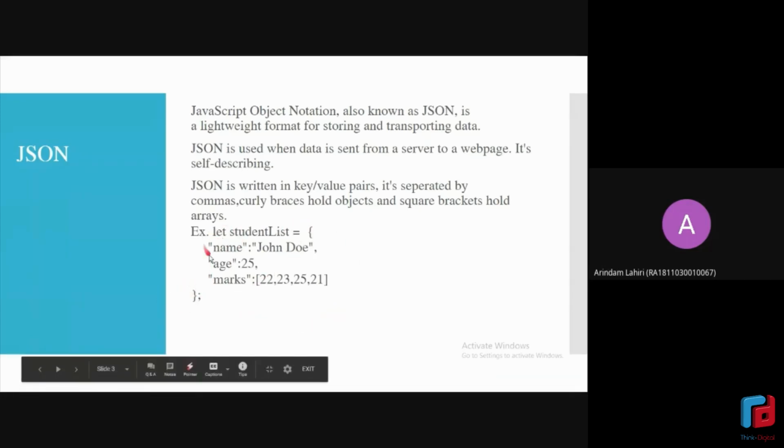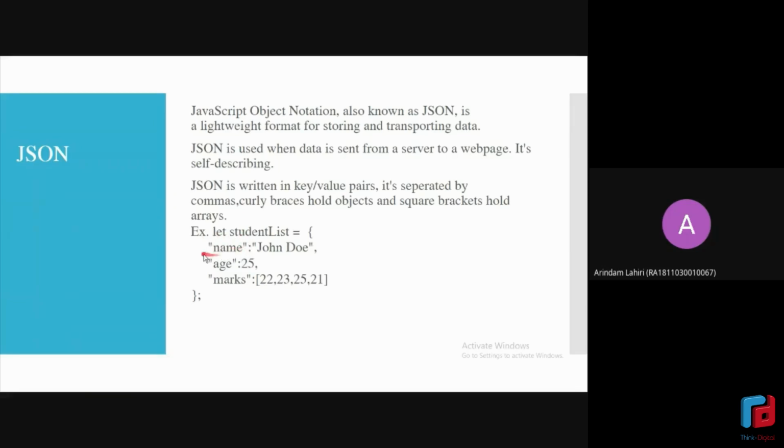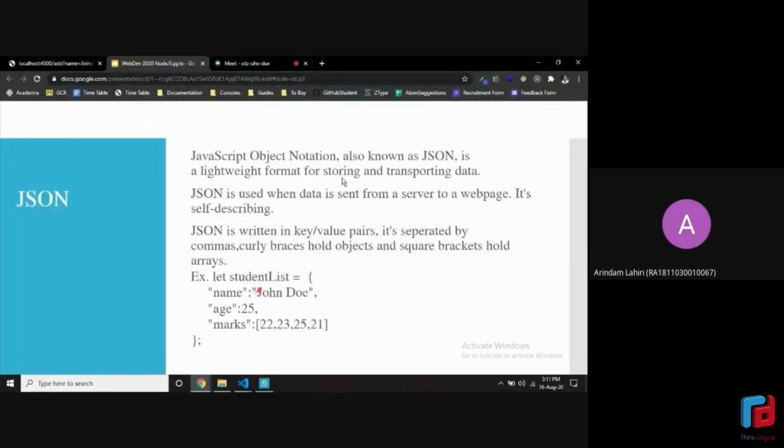And each property, or a key, if you say, is put in quotation marks and then the value it holds. So you can see, name has a value John Doe, age has a value 25, and marks is an array. So these pairs are called key value pairs. If you are familiar with Python, you would have seen this in a dictionary, which is very similar to this. So this is how it works, and the key value pairs are there.